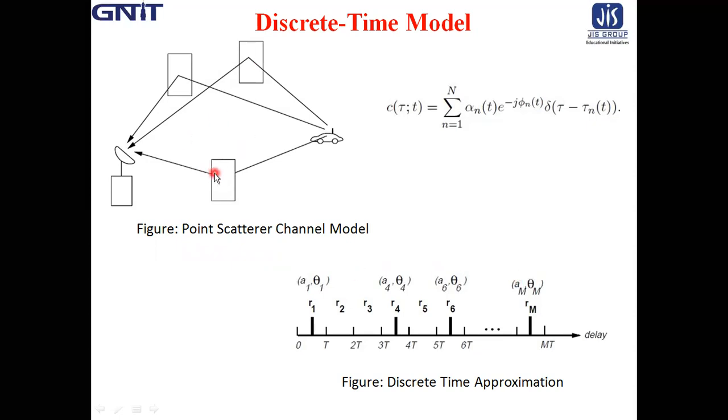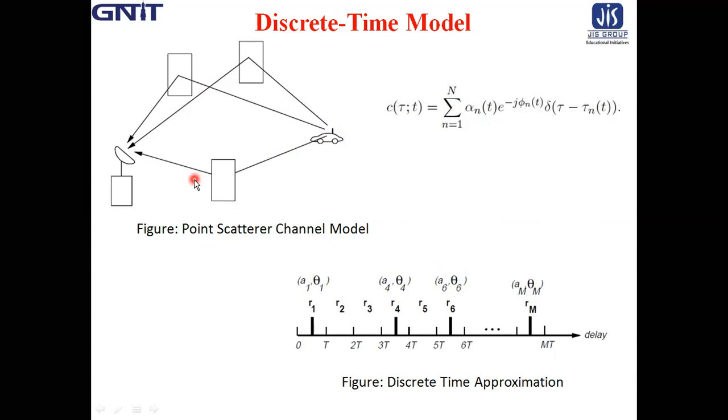In this model, the multipath components are assumed to form subpath clusters. Incoming paths on a given subpath with approximate delay tau n are combined, and the incoming paths on different subpath clusters have different delays, tau n and tau m.